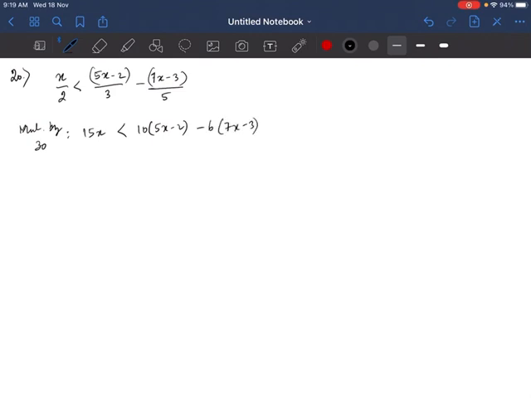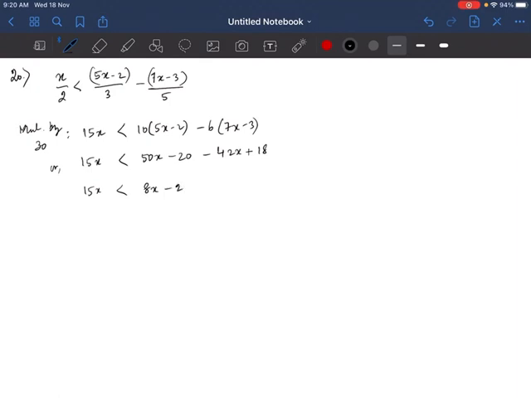Now we just simplify, remove the brackets. So 15x less than 50x minus 20, then minus 42x plus 18, then what we have is 15x less than 8x minus 2.